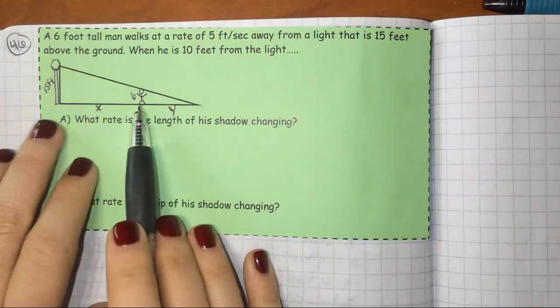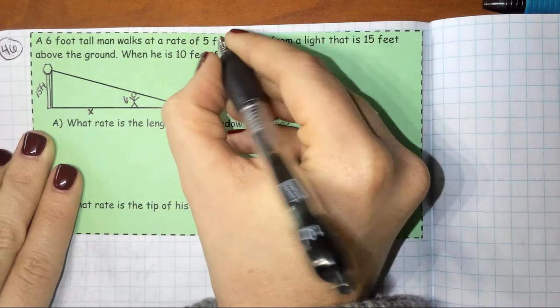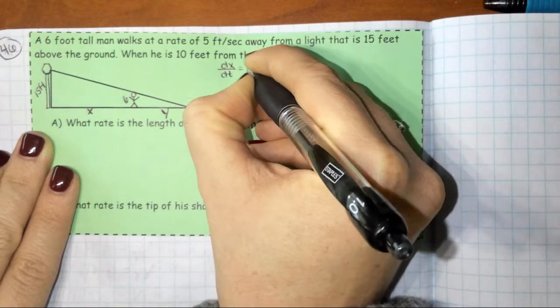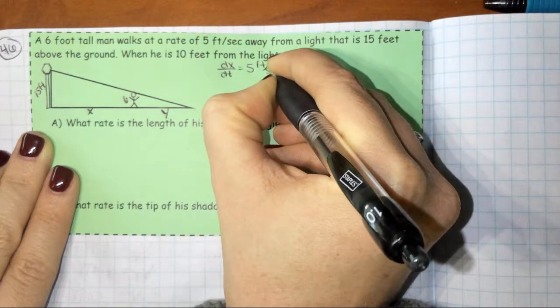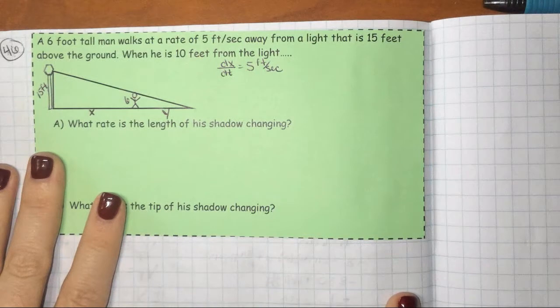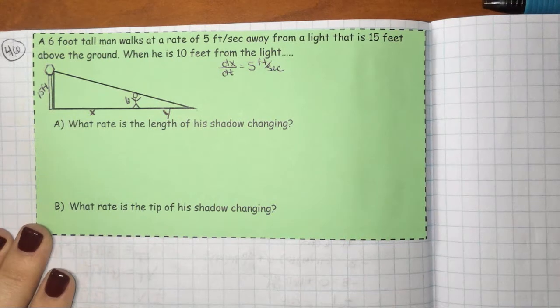The X. Do you see that? So here, you can actually say that dx dt is 5 feet per second. Okay? I mean, he's booking it. It's nighttime. He's scared.